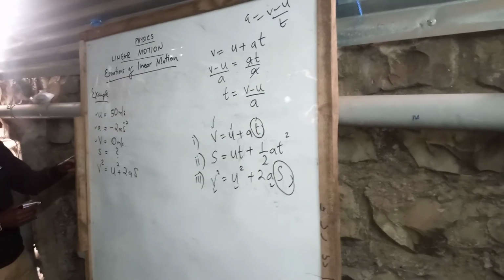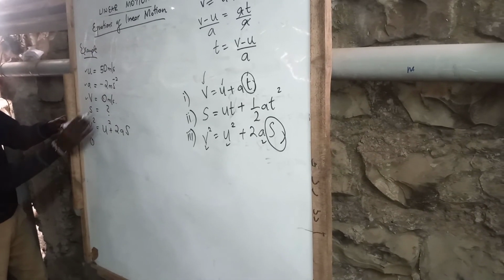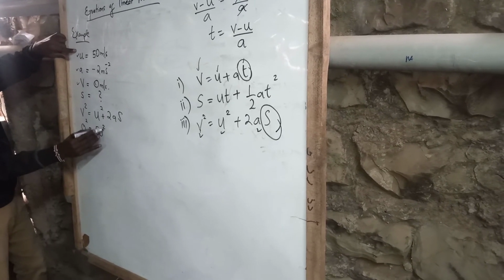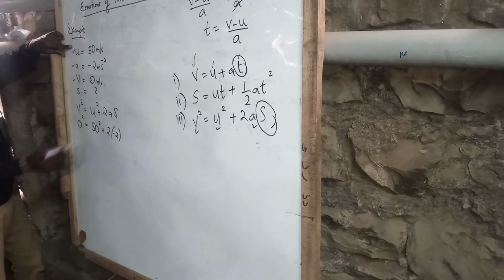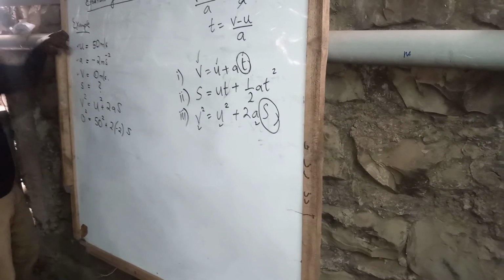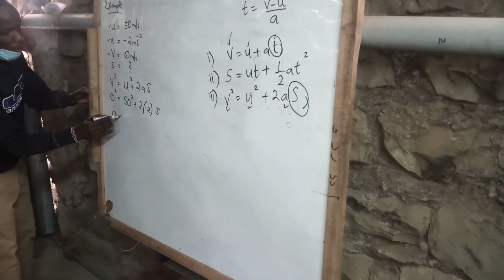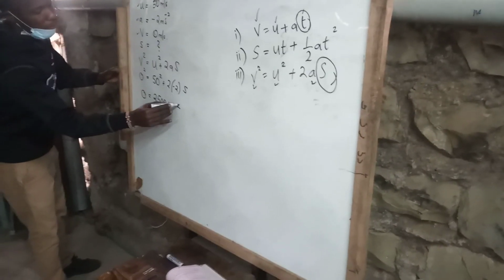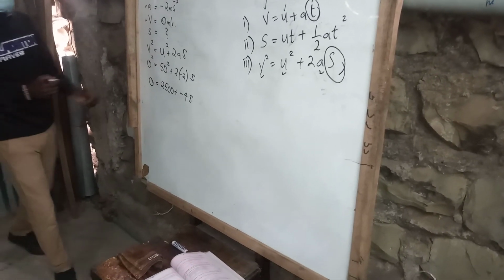Okay? So what follows is just substitution. You replace v is equal to 0 and u is equal to 50. And a is equal to negative 2. That is acceleration. And then you are looking for s. So that means 0 is equal to what? 2500 plus negative 4s, because 2 times negative 2 will be negative 4.